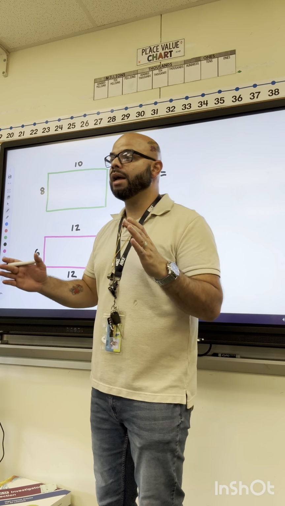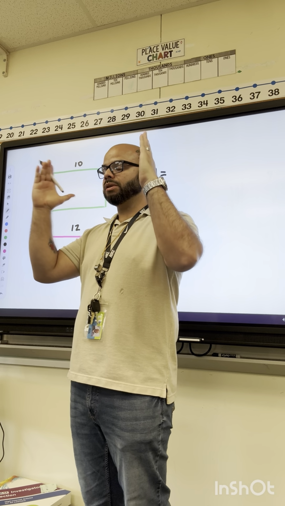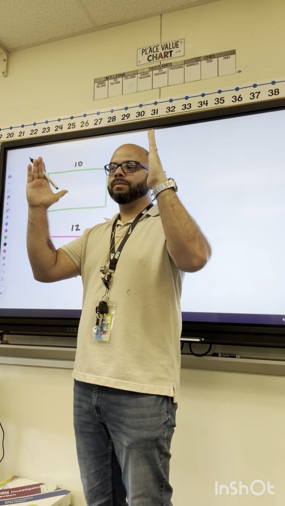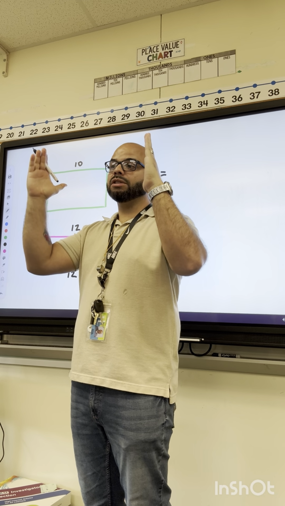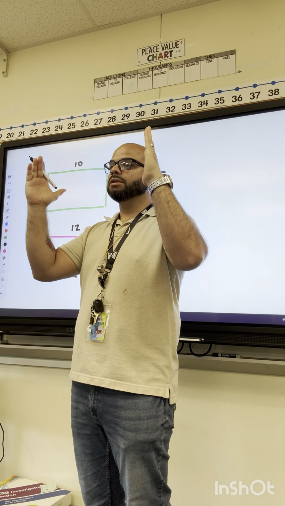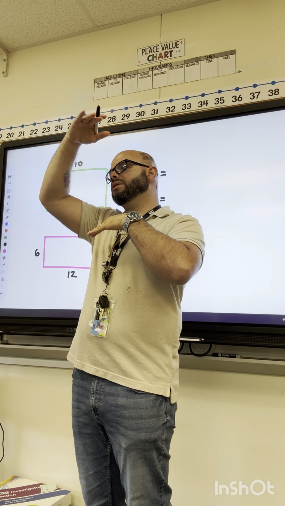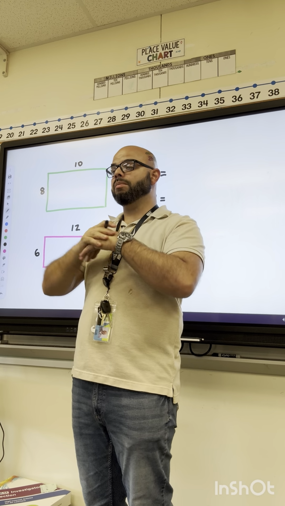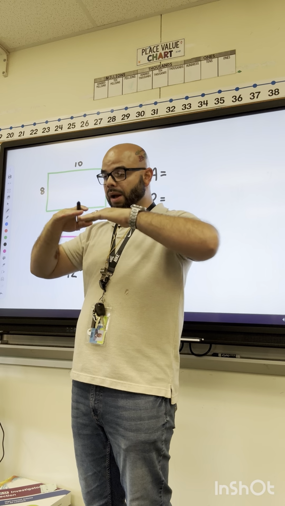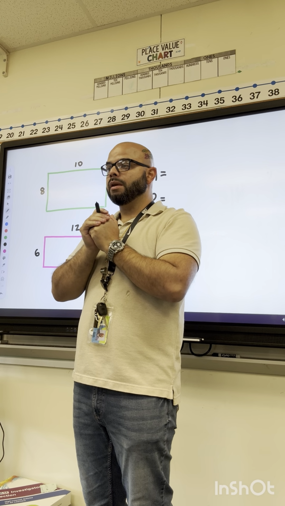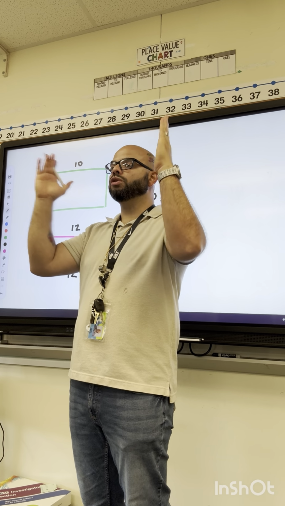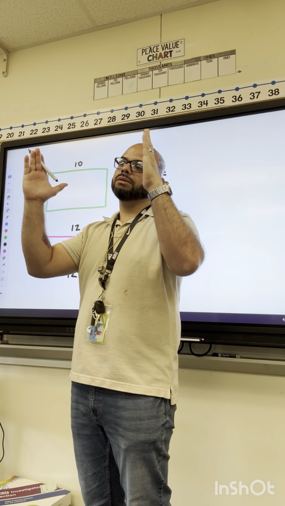A rectangle has 2 equal opposite sides. Okay? So if one side is 6, the other side is 6. If the width on top is 58, the width on the bottom is 58. So remember, a rectangle has 2 equal opposite sides.